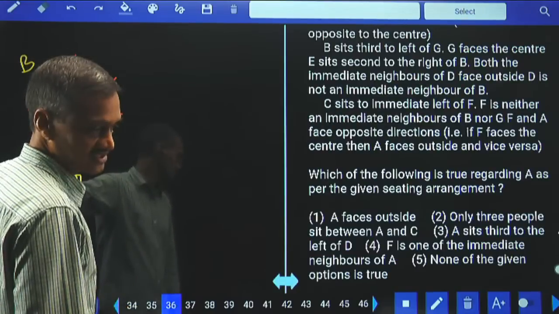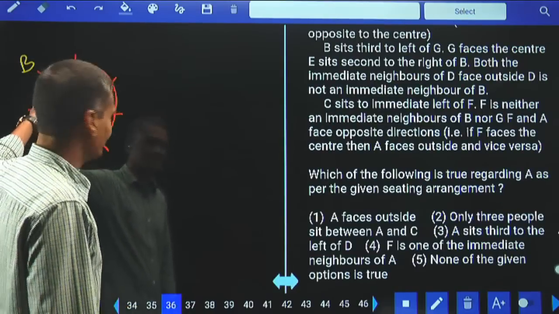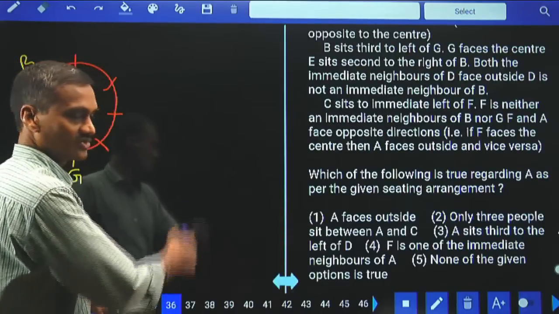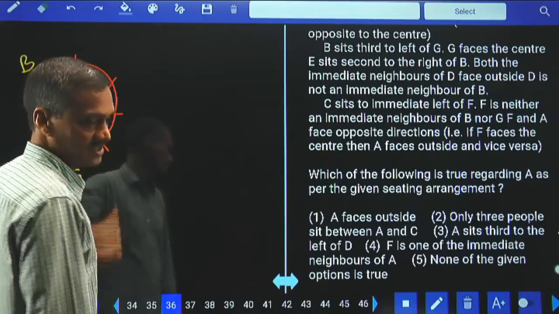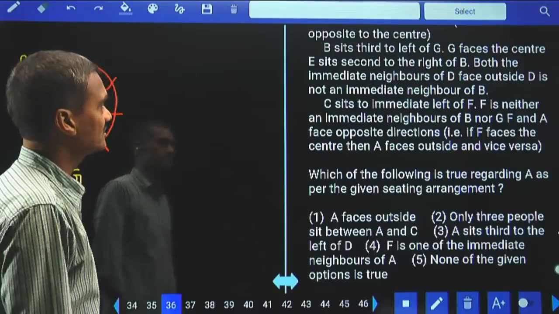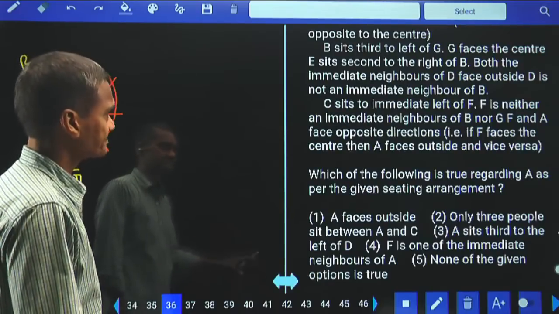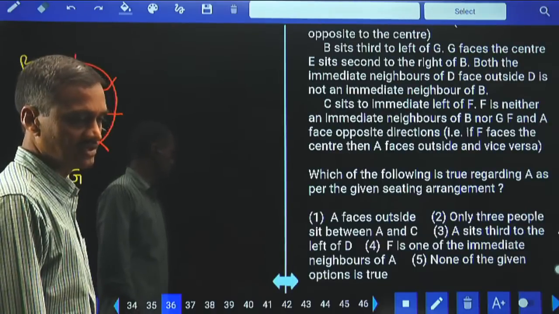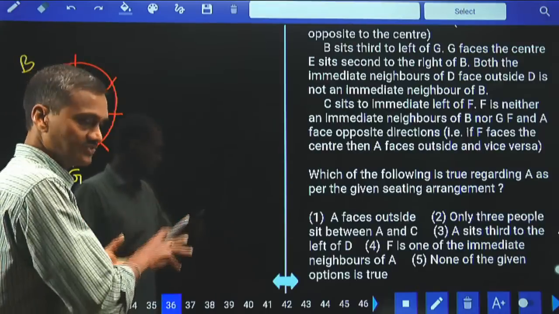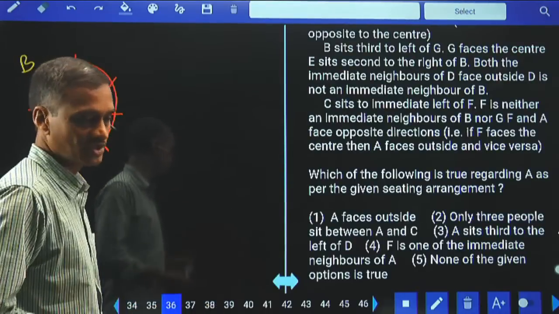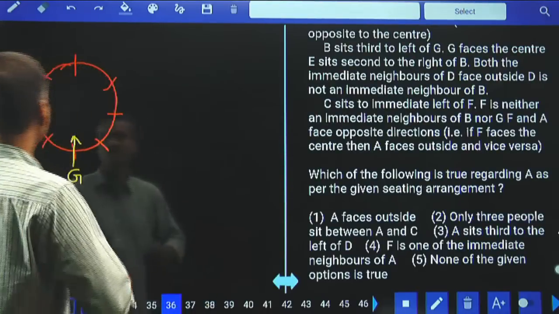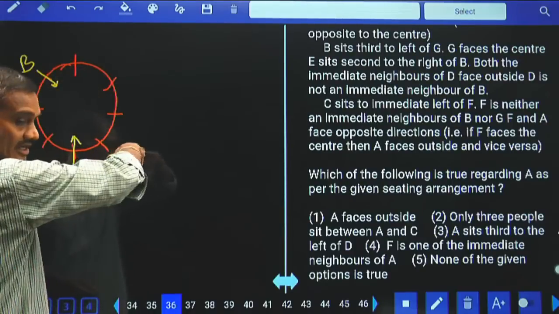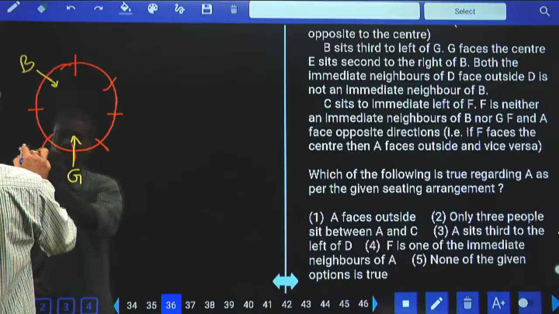G is facing the center. B sits third to the left of G. Now as this person is facing the center, left means clockwise. Clockwise 1, 2, 3, B will be here. Then E sits second to the right of B. Whether B is facing the center or away from the center is not given. Hence, we have 2 different possibilities. If B is facing the center, then right means anti-clockwise, E will be here.